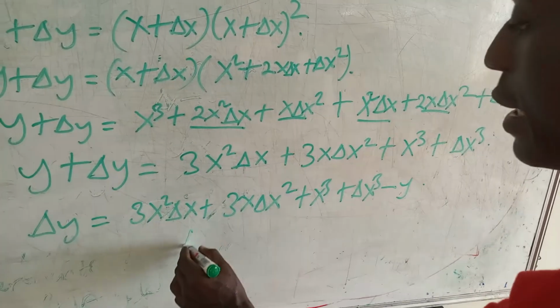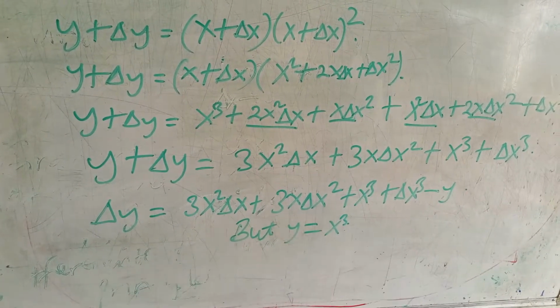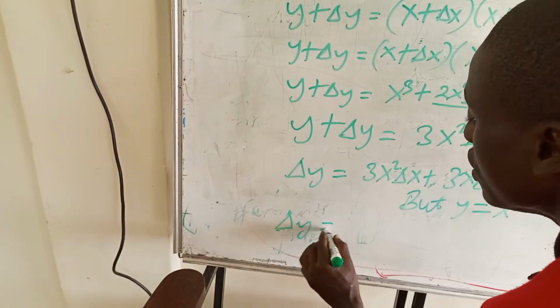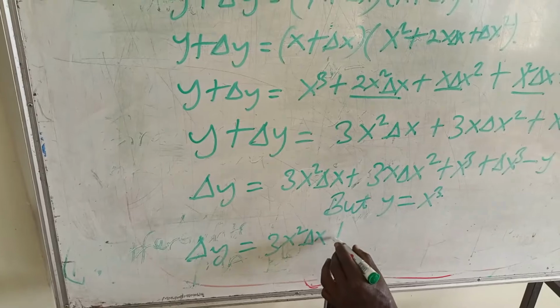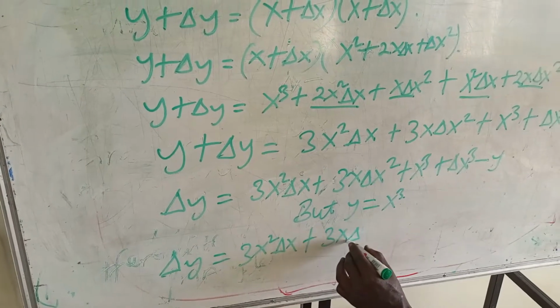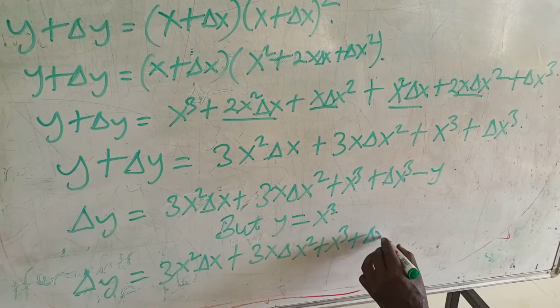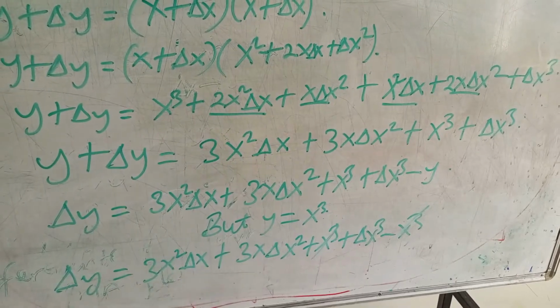But y is equal to x cubed. Therefore, mathematically, change in y is equal to 3x squared change in x plus 3x change in x squared plus x cubed plus change in x cubed minus x cubed. This and this goes away.